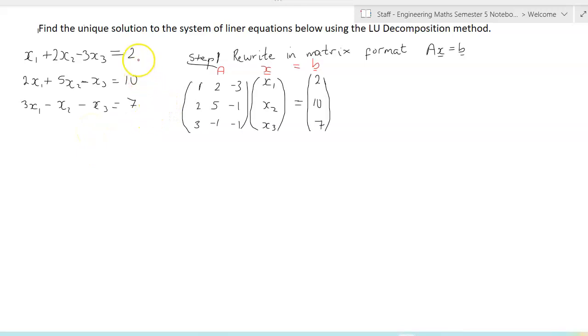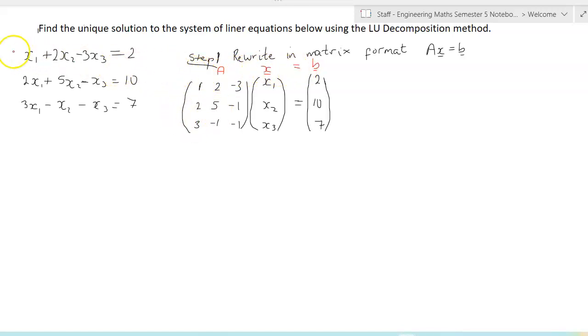We're given these three equations: x1 plus 2x2 minus x3 equals 2, 2x1 plus 5x2 minus x3 equals 10, and 3x1 minus x2 minus x3 equals 7. Then I rewrote it already to save time in the form of AX equals B as matrices.